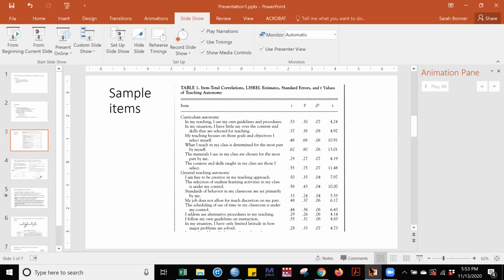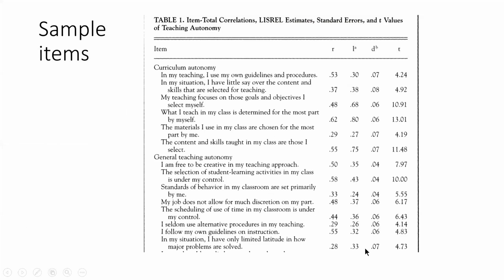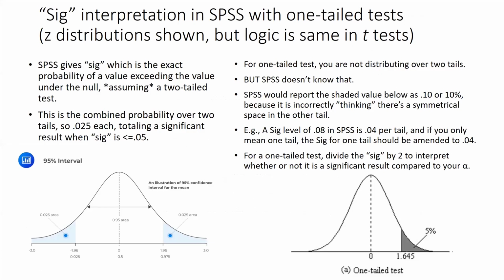So I'm going to change my share back here. Okay, I've got a couple graphics on here that are based on the unit normal or Z distribution, but the logic for t-tests is the same, and we're talking about a one-tailed test.